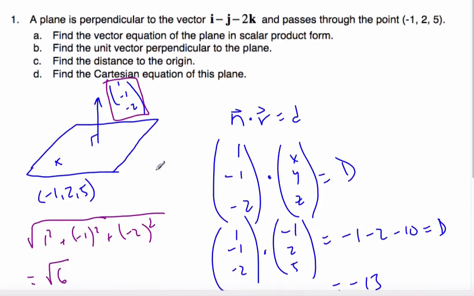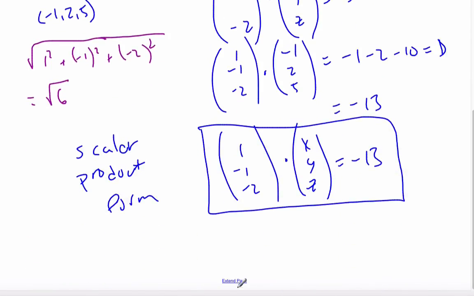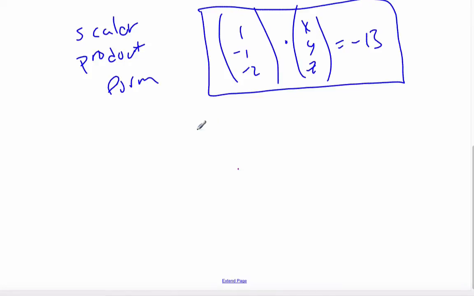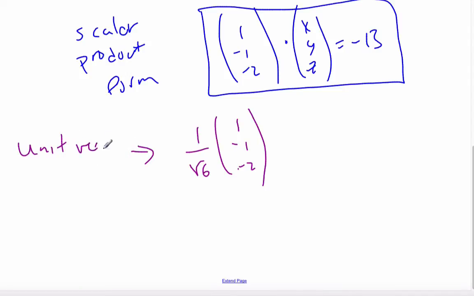So if I want to find a unit vector perpendicular to the plane, that's going to be 1 over root 6 times (1, -1, -2). This here is my unit vector perpendicular to the plane.